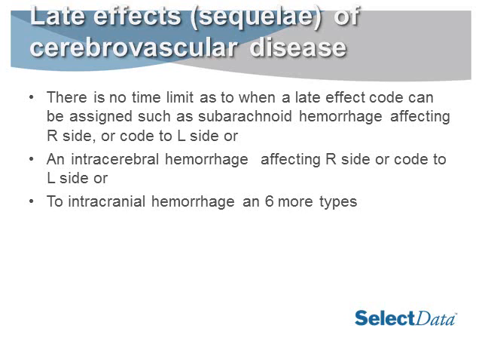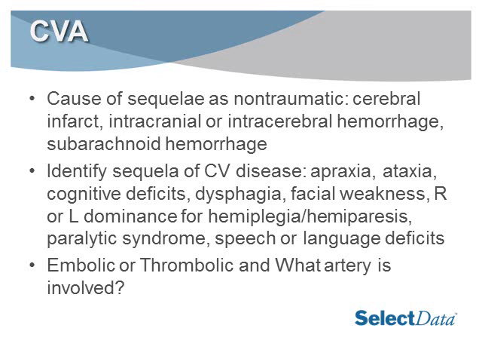Now for late effects sequelae of cerebrovascular disease, as with ICD-9, there is no time limit as to when a late effect code can be assigned, such as for a subarachnoid hemorrhage affecting the right side or left side, an intracerebral hemorrhage affecting the right side or left side, and now with intracranial hemorrhage, there are more than 6 types. The cause of sequelae as non-traumatic would be cerebral infarction, intracranial or intracerebral hemorrhage, or a subarachnoid hemorrhage.